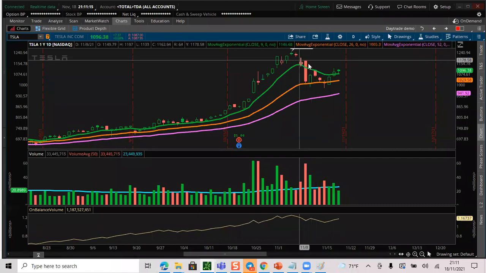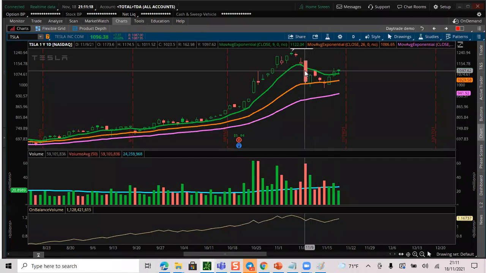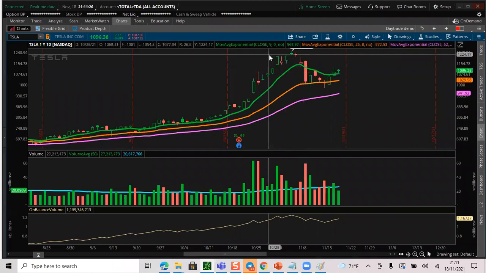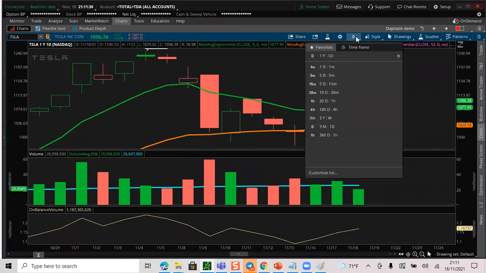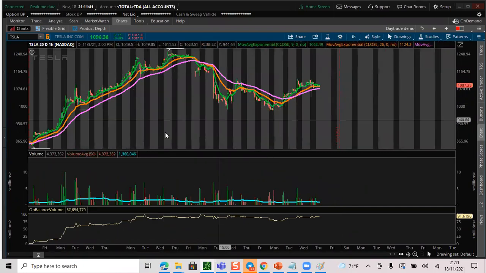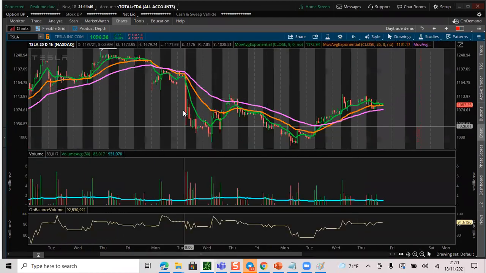Okay, let's take this as an example. This is November 9th. You can see there is a huge big red candle, right? I'm going to slice it into an hourly chart, and you can see right here this big hourly candle.